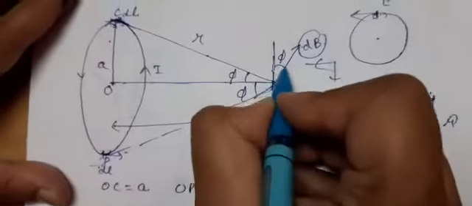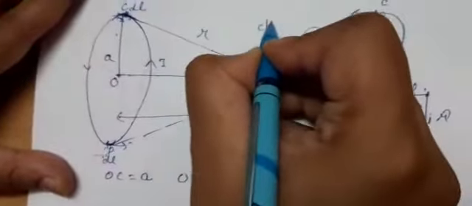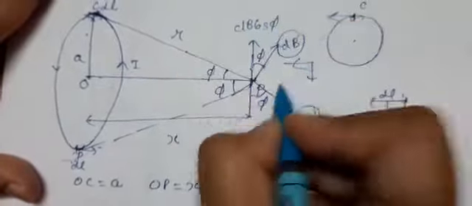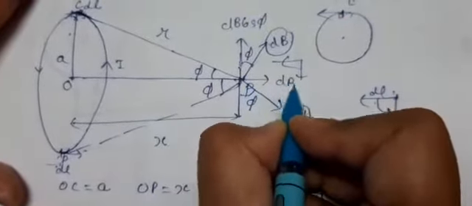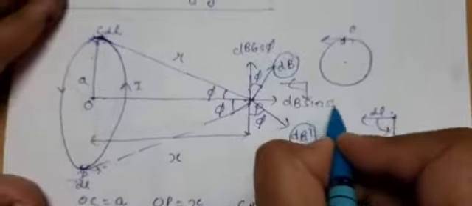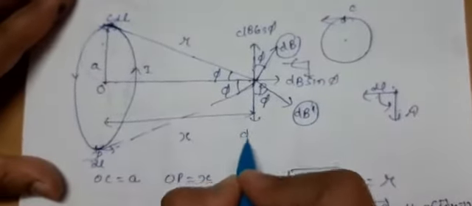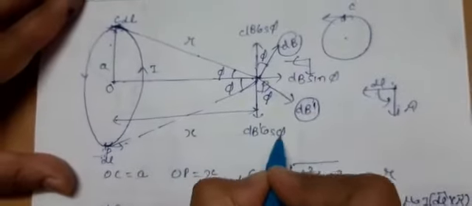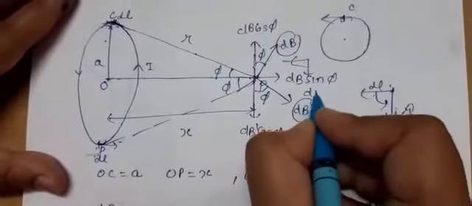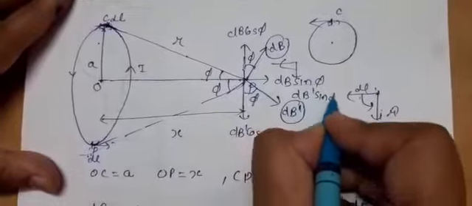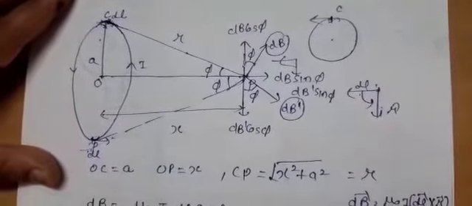Here this is the base angle, so its component will be the cos component, dB cos phi. Another component along this axis is dB sin phi. Similarly, when we resolve dB dash, this is dB dash cos phi, and along the horizontal axis it will be dB dash sin phi. So what are we getting?